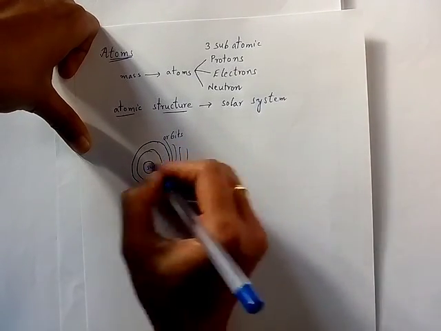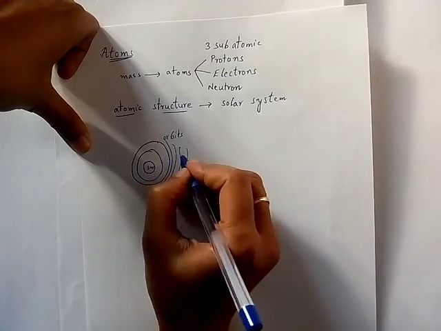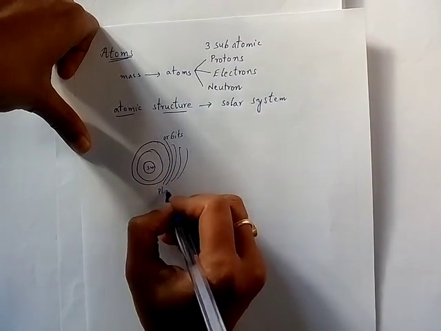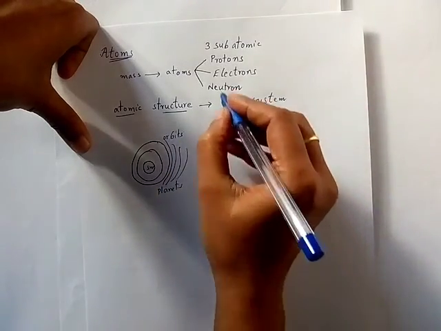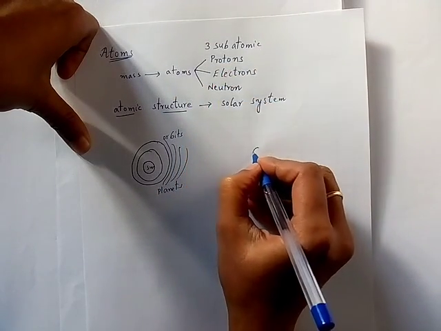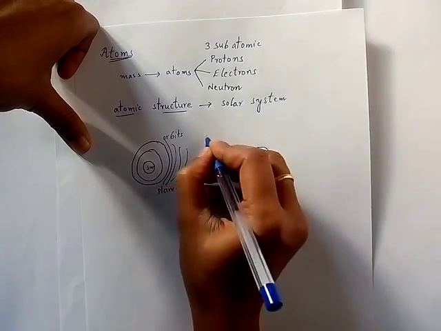The 9th planet has been removed, so we now take only 8 planets. The planets revolve around the sun. In atomic structure we have a similar kind of arrangement.